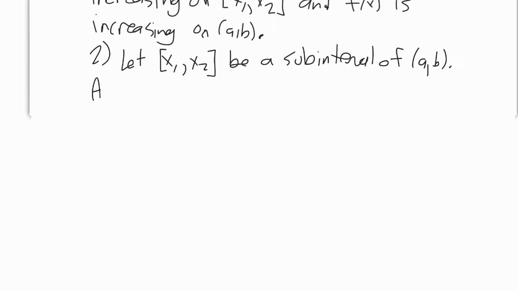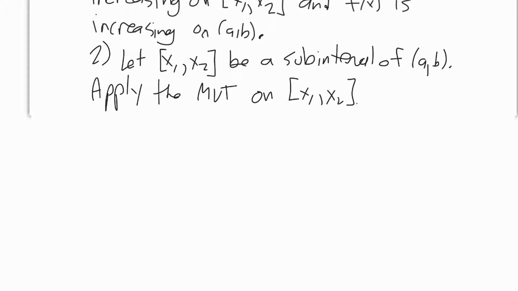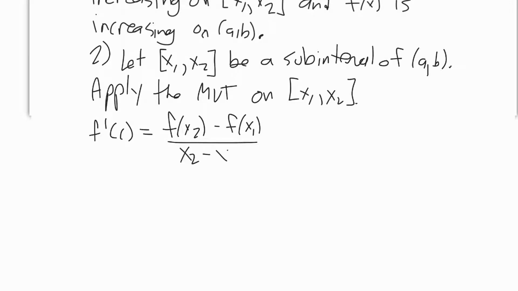We apply the mean value theorem on x1 to x2. So we get that f prime of c is equal to f of x2 minus f of x1 over x2 minus x1, where c is an element of x1, x2.